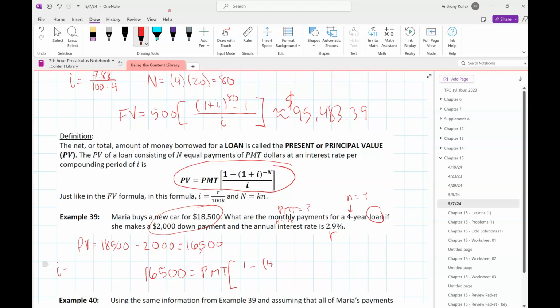Oops. Got to calculate I. It's a pretty good interest rate there that she's getting. Okay.